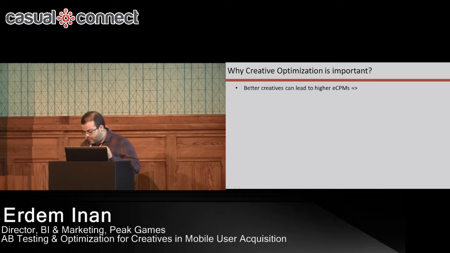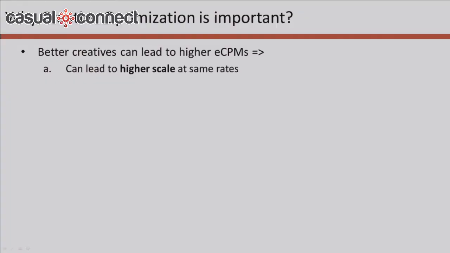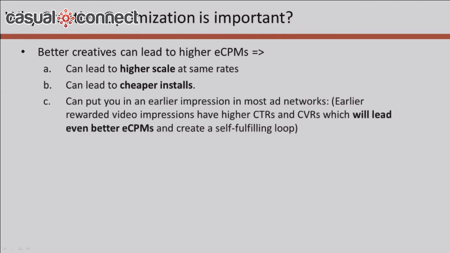So why did I show you this? Because better CTRs and CVRs lead to higher CPMs. And higher CPMs mean that you can get higher scale for the same price, or cheaper installs with the same scale, yeah? One interesting thing about having higher eCPMs, specifically in rewarded videos, like AdColony, Vungle, Unity Ads, and so on, is that you become the first ad to serve, which has a higher CTR and CVR on itself.